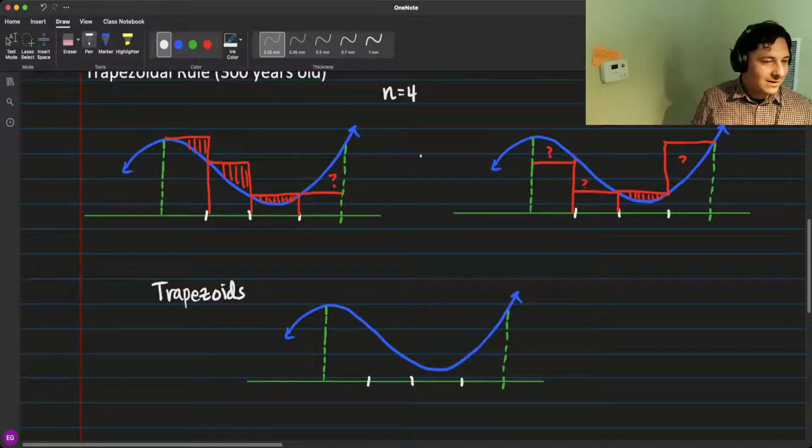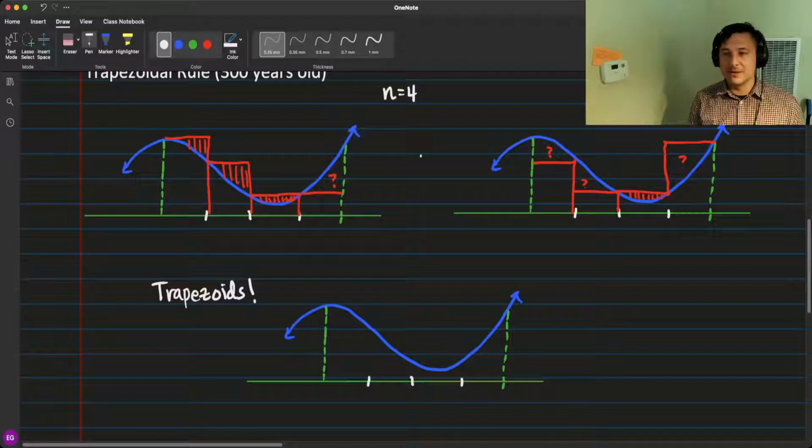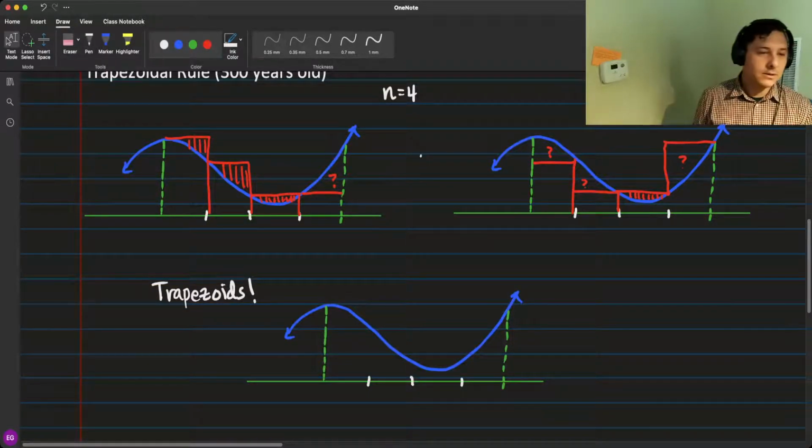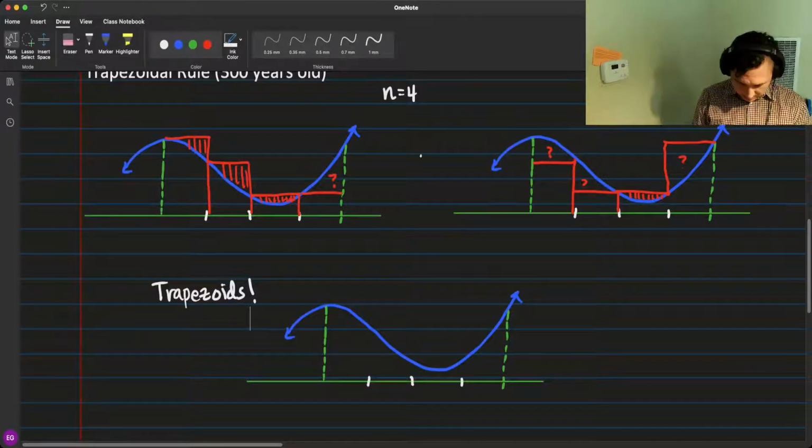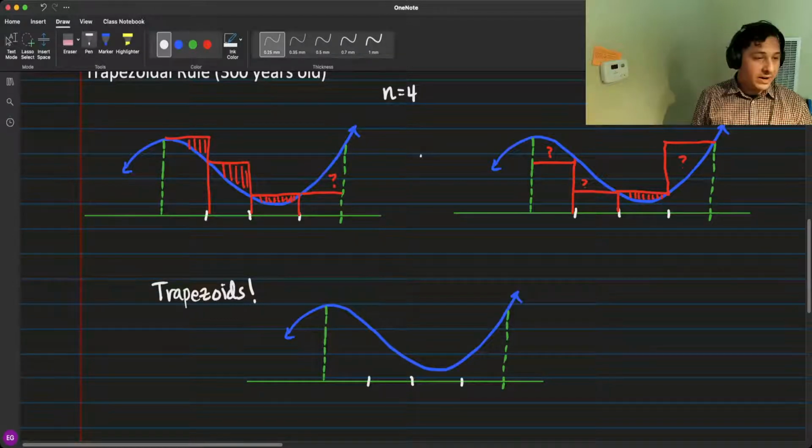Okay, what makes something a trapezoid? So rectangles have 2 pairs of parallel, or 2 pairs of congruent sides. What makes it a trapezoid? One pair of parallel sides, my bad.